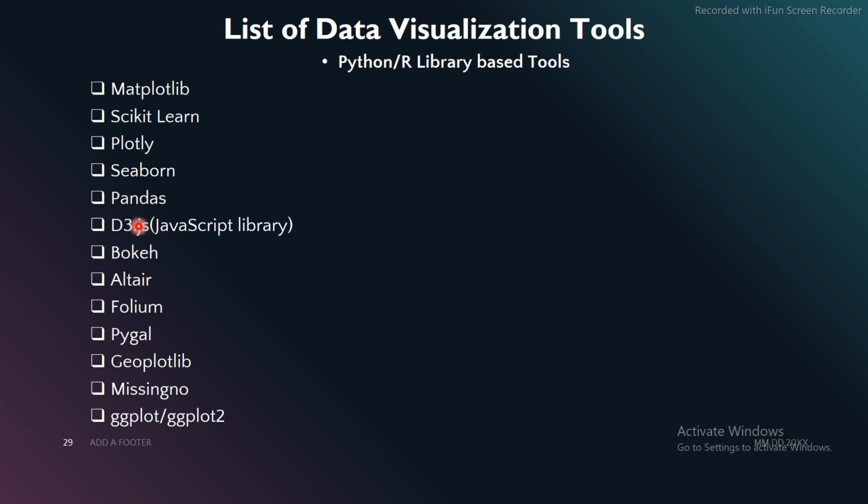That is more important, because it depends on the data. For example, if you have data with geographical information, like latitude and longitude, you will go with geoplot. We will see how these libraries can be helpful for us in data visualization.